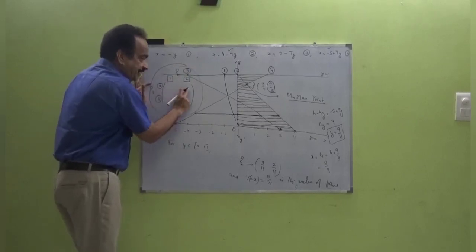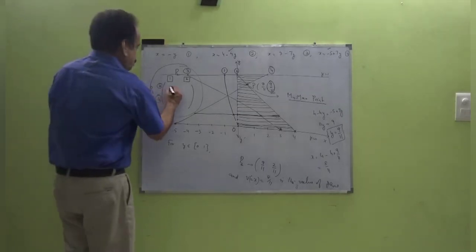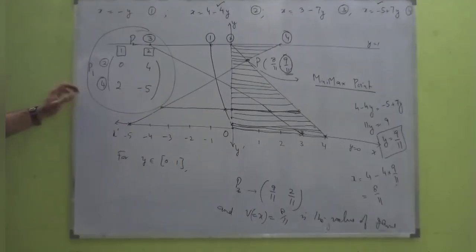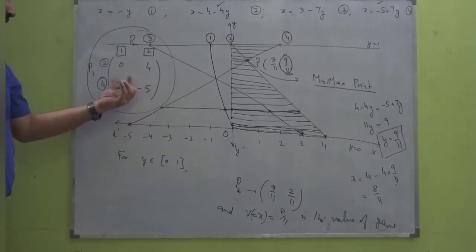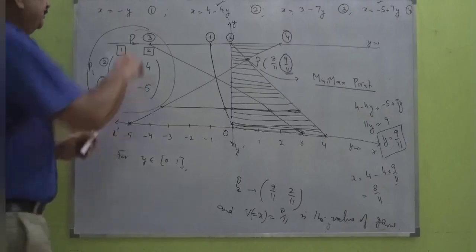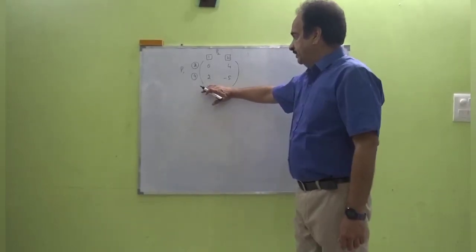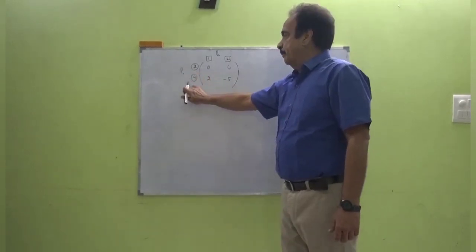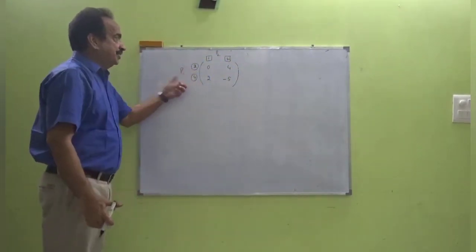It involves the second row over here and the fourth row over here, which is 0, 4 and 2, minus 5. Now, using our previous study, we can find an optimal strategy for P1, involving row number 2 and row number 4, because the point P is the intersection of second and fourth.